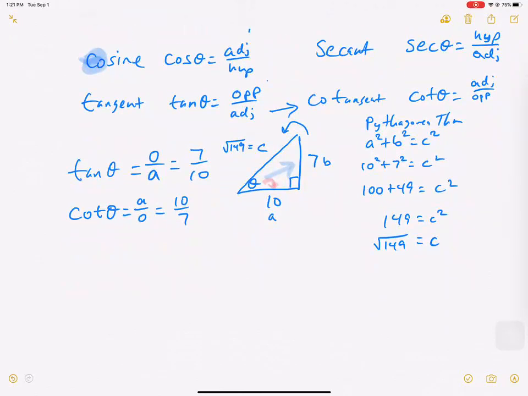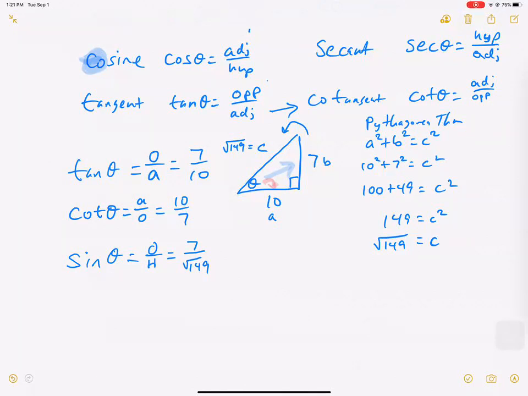Now, since we know the hypotenuse is the square root of 149, what is the sine of theta? Sine is opposite over hypotenuse. That means it is 7 over the square root of 149. Now in IXL, they're going to ask you to write this in the simplest form. One of the rules from Algebra 1 is you are not allowed to leave a square root in the denominator.